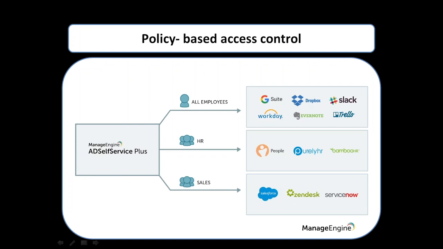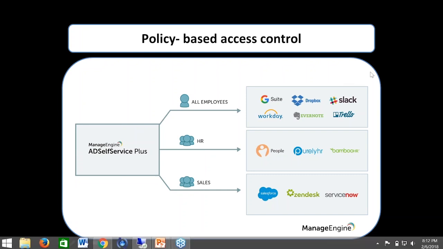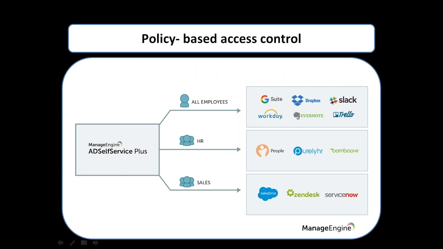So do I mean granting access to all the 100 applications from one single portal to all the users? Not at all. You can customize access to applications based on organizational units and groups present in your Active Directory. So what you see on your screen is typically how it works in AD Self-Service Plus as well. Say you would like to grant access to all employees.